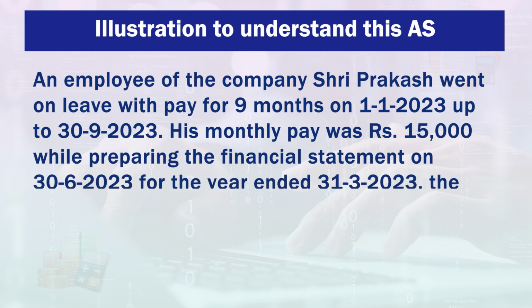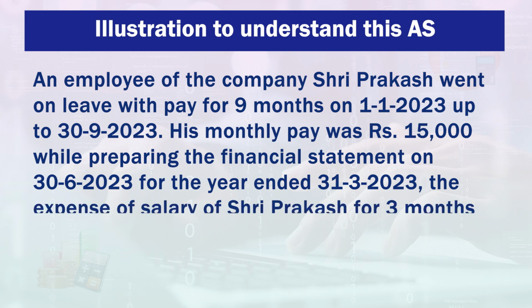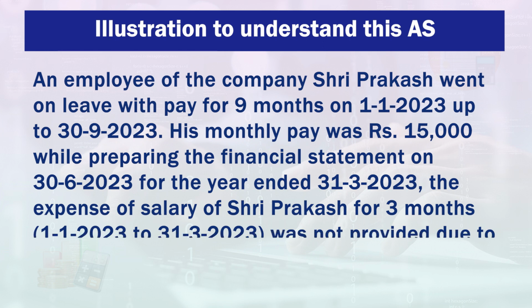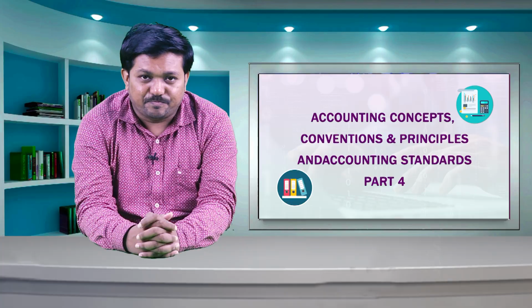While preparing the financial statement on 30th June 2023 for the year ended on 31st March 2023, the expense of salary of Shri Prakash for 3 months, that is from 1st January 2023 to 31st March 2023, was not provided due to omission.